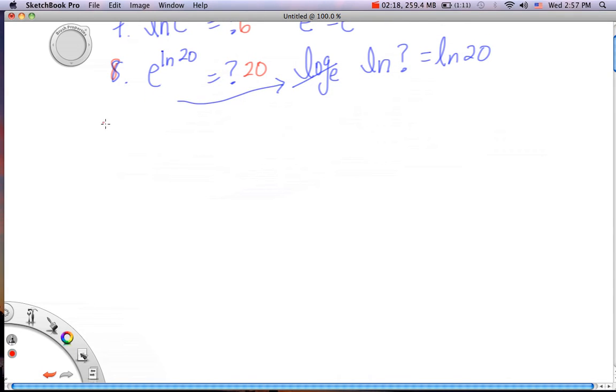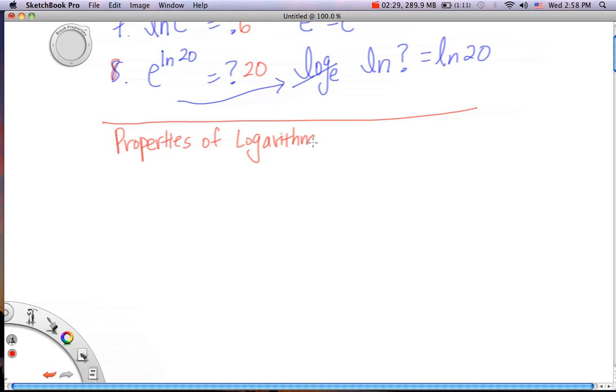Now what I want to write down is some properties of logarithms that you're going to be using for 11.4 as well as 11.5, and I'm going to write them together and use them. So the first one is, remember we are always talking about logs with base b.